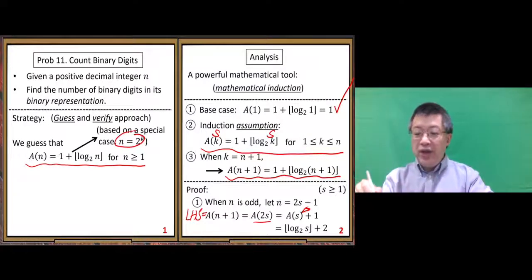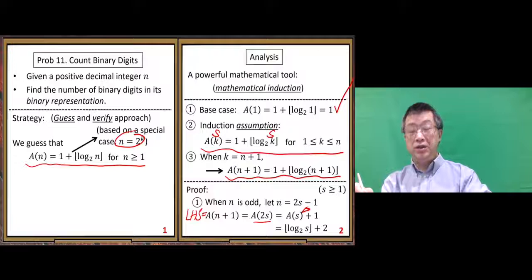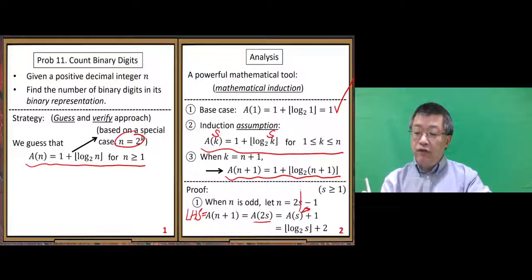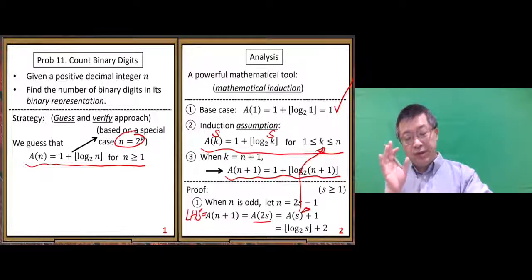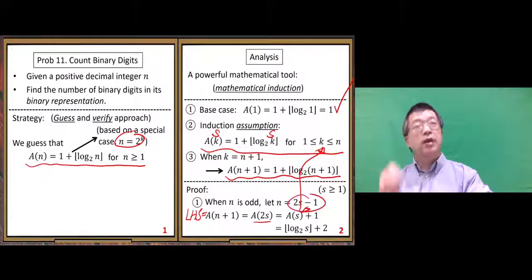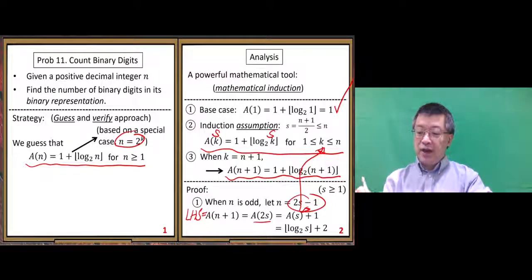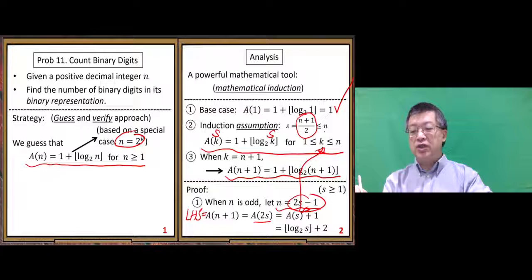But why can we use the induction assumption? Here you need to prove s falls into the range, then you can use it. If s is outside the range, then you cannot use it. Let's look at the range that covers s. How to get s in terms of n? From here, you plus 1 on both sides and divide by 2. So s equals n plus 1 over 2, and this expression is less than or equal to n.